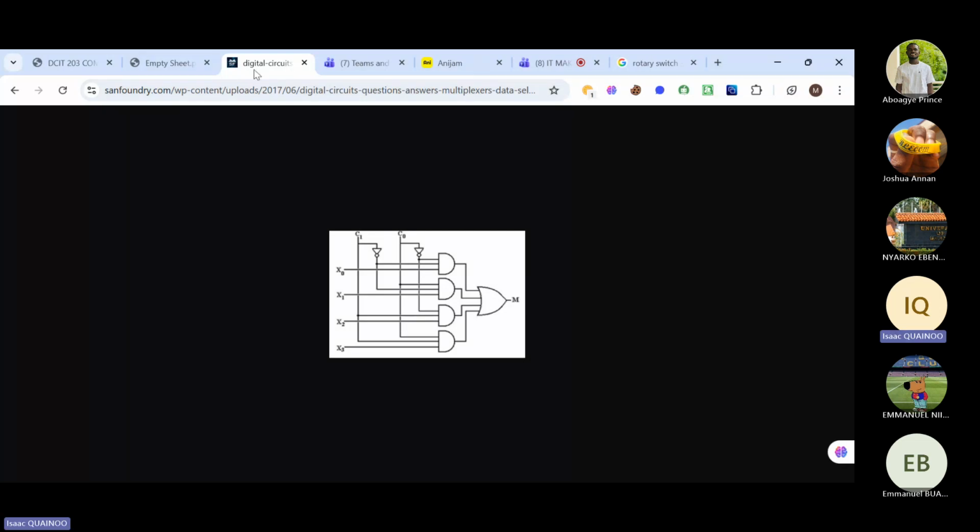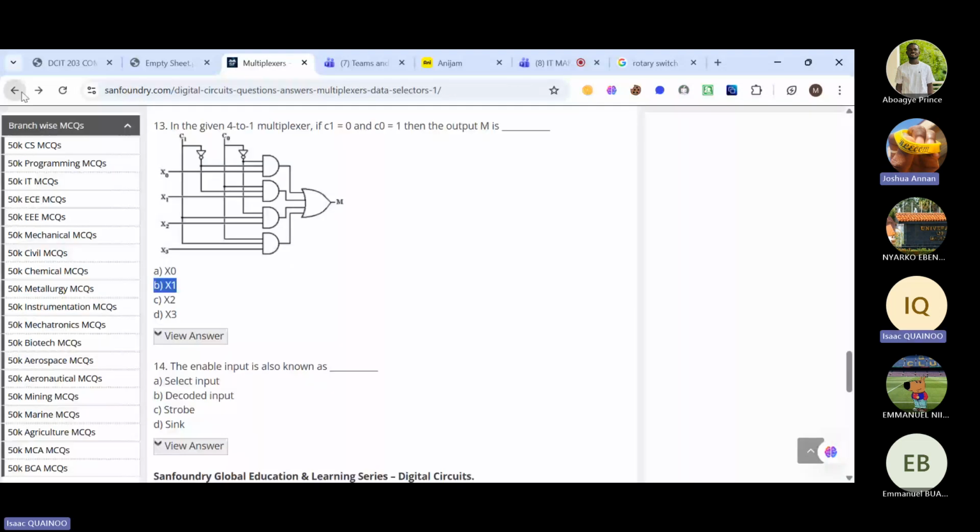Maybe you should refresh it. I think I'll go for X1, because 0, 1 is simply 1 in binary numbers, so X1. Yes, X1, B. I'll go for B.